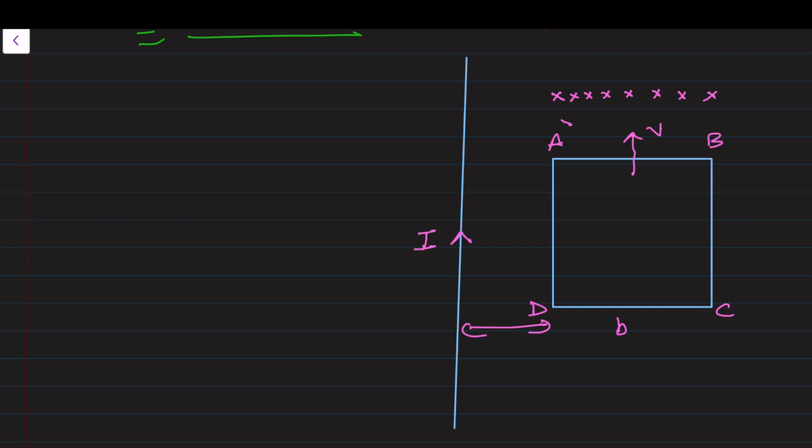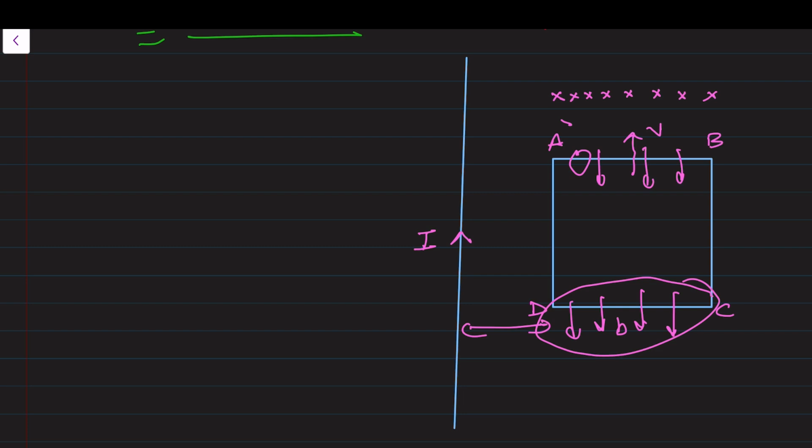When it is moving, from this side field lines enter, but from this side field lines leave. So the EMF induced in this loop is 0 because there is no net cutting of flux. Because there is no net cutting of flux, that's why EMF induced in this loop will be 0.